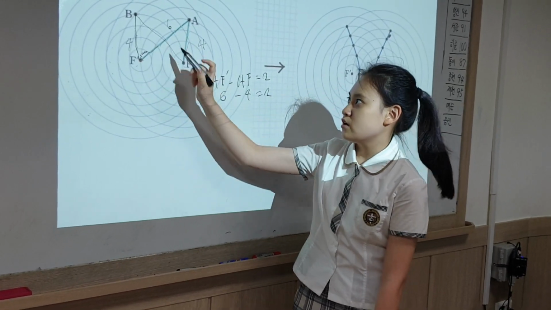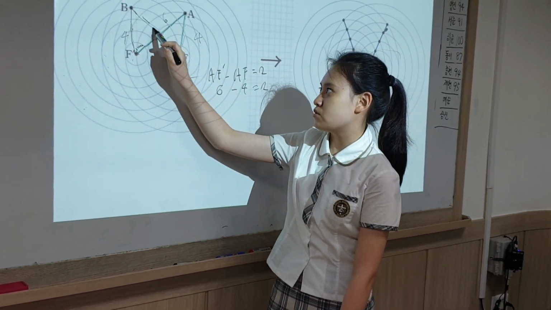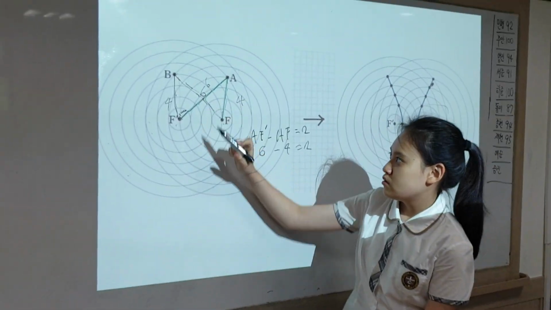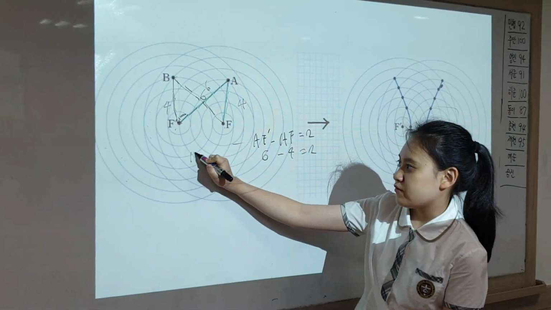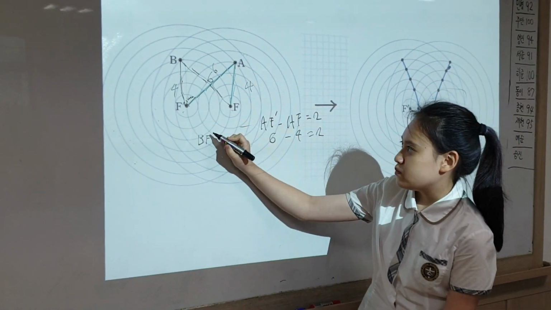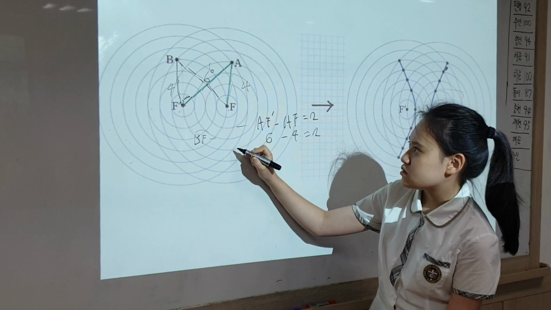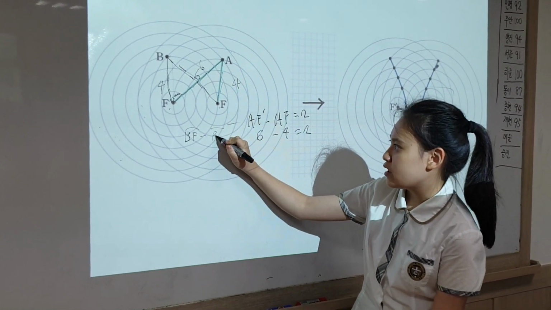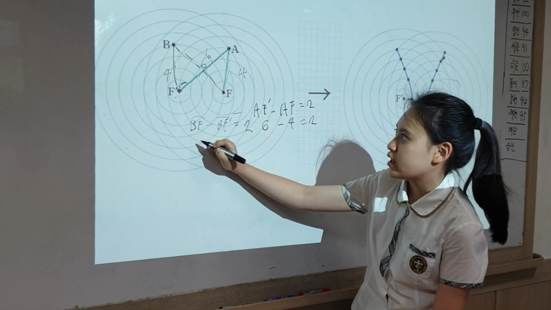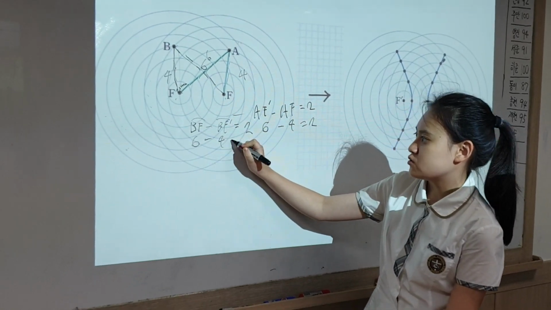And this will be 1, 2, 3, 4, 5, 6. Since it's F, we have to subtract the bigger one, so it will be BF minus BF prime, which equals 2 as well, 6 minus 4 is 2.